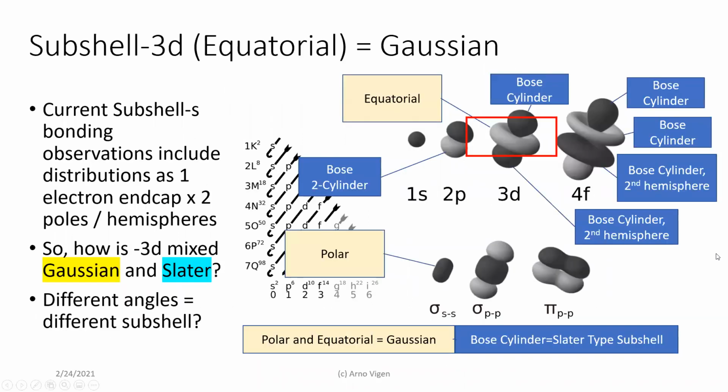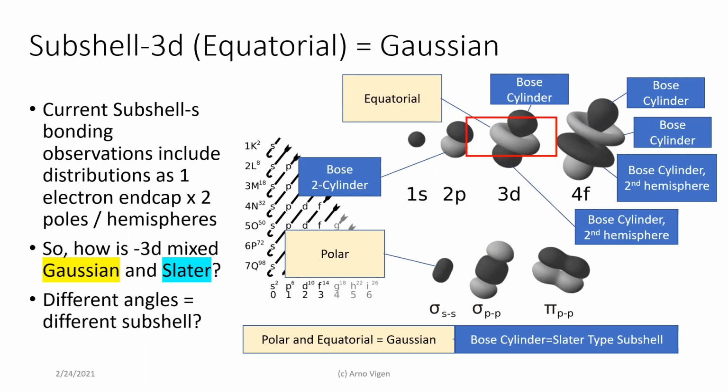Now, as I look at electron distributions, I see these with the center of these as longitudinal surfaces, that those electrons are Bose cylinders. Specifically, though, there is a different one that is equatorial.